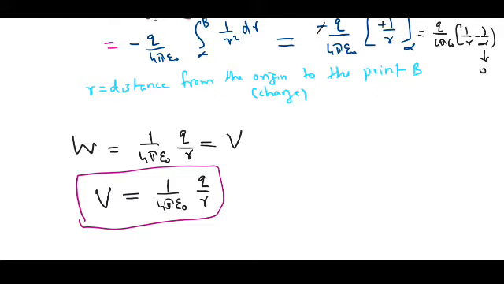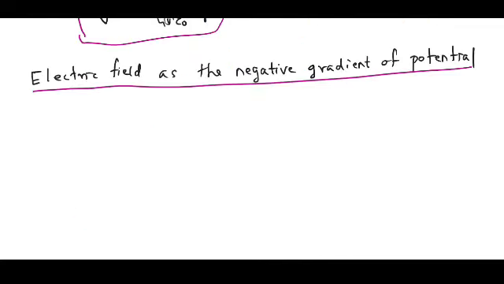Okay. Next we will discuss the electric field as a negative gradient of the potential. That is, we will once again prove the electric field as a negative gradient of the potential.